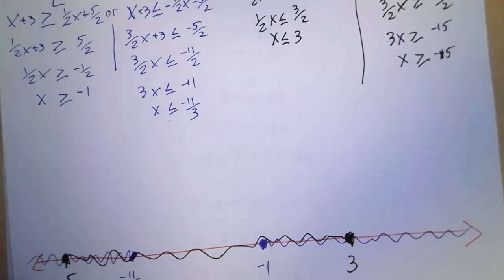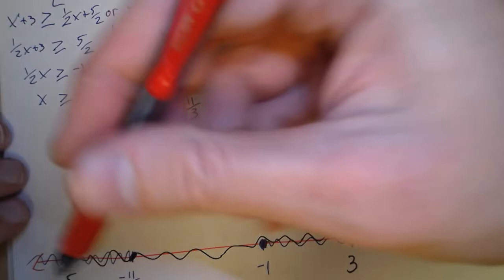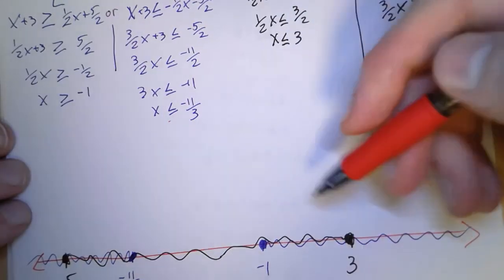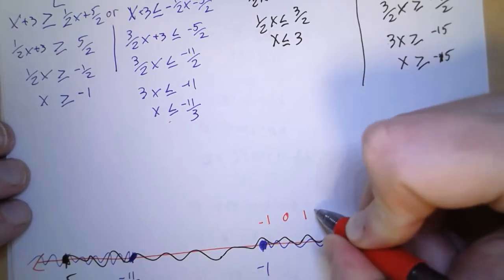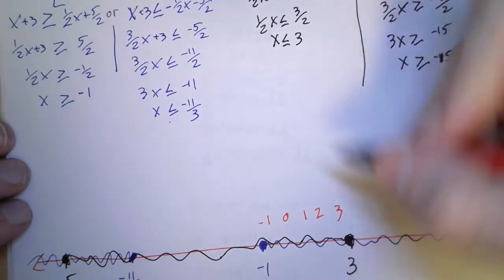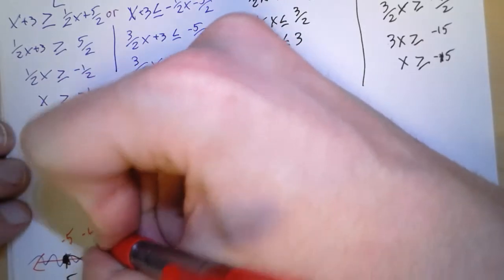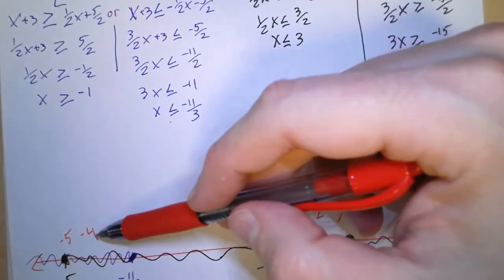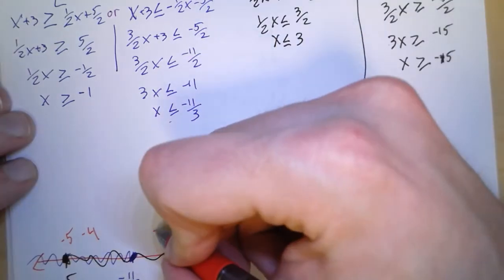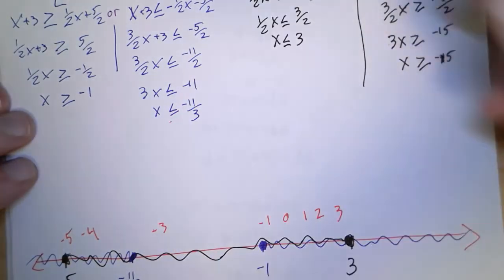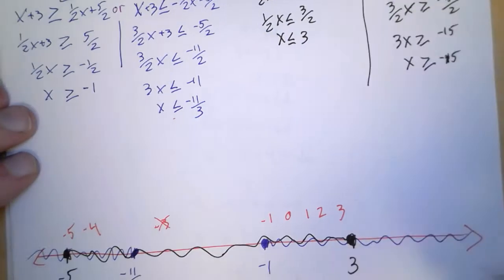Now what we're interested in is both. So we want all the numbers that are shaded here and here. So we've got negative 1, 0, 1, 2, 3 in here. Here we've got negative 5, negative 4, because negative 4 would be negative 12 over 3, but negative 3 is over here. That would be negative 9 over 3. So we don't consider that one.